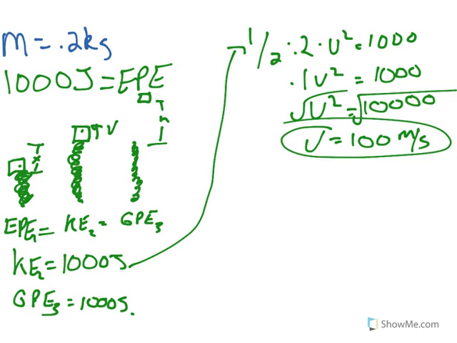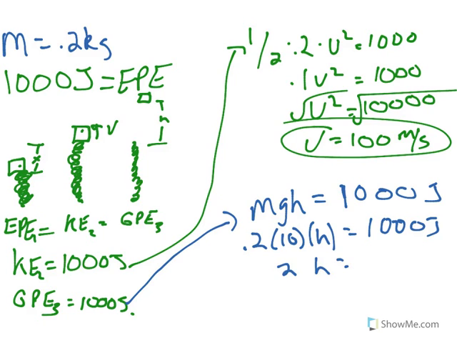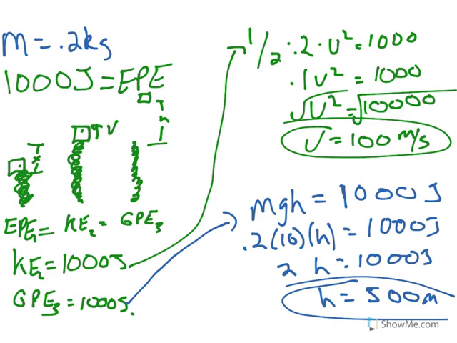For the second one, mgh equals 1,000 joules. So we get 0.2 times 10 times h equals 1,000 joules. So we get 2h equals 1,000 joules, and then divide by 2, and we get 500 meters is the height. So that was number 3.